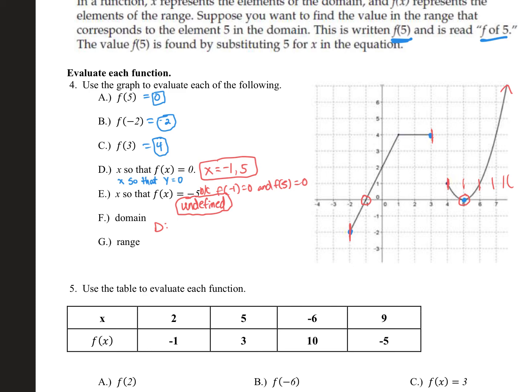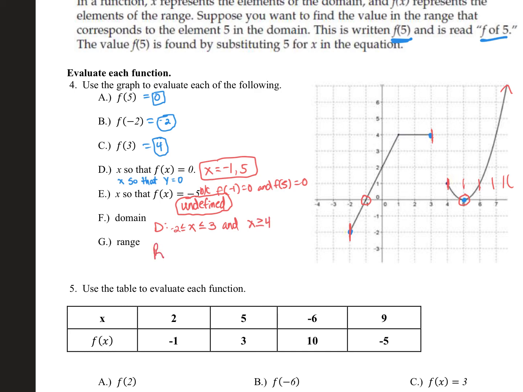So we need to write this using set notation. So we're going to say that our x values range from being greater than or equal to negative 2 and less than or equal to 3. So again, that's our first part, from negative 2 to 3. And then, x has to be greater than or equal to 4.